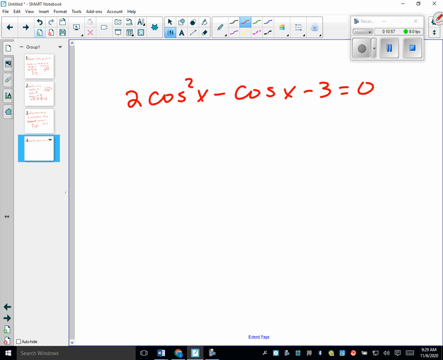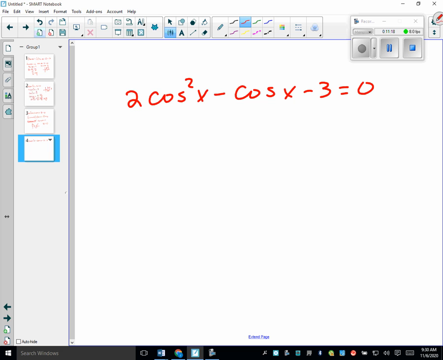All right, guys. 3 terms, which means I'm going to factor it in 2 sets of parentheses. However, since it has a number out front, remember how we factored? We want what multiplies to -6 and adds to -1?